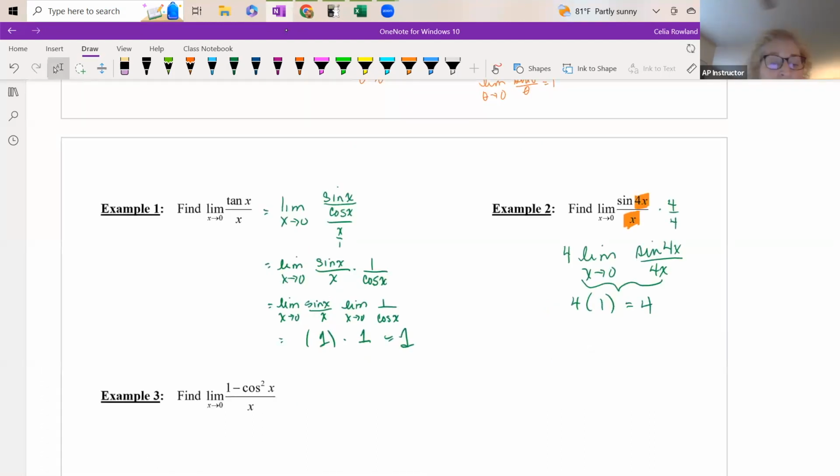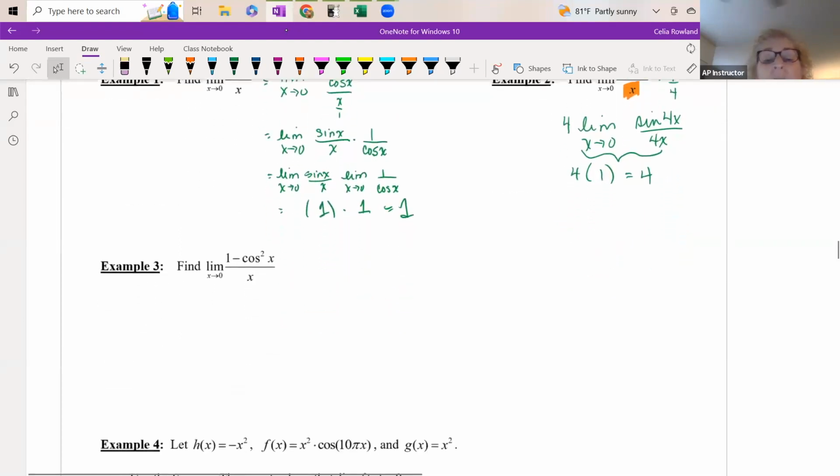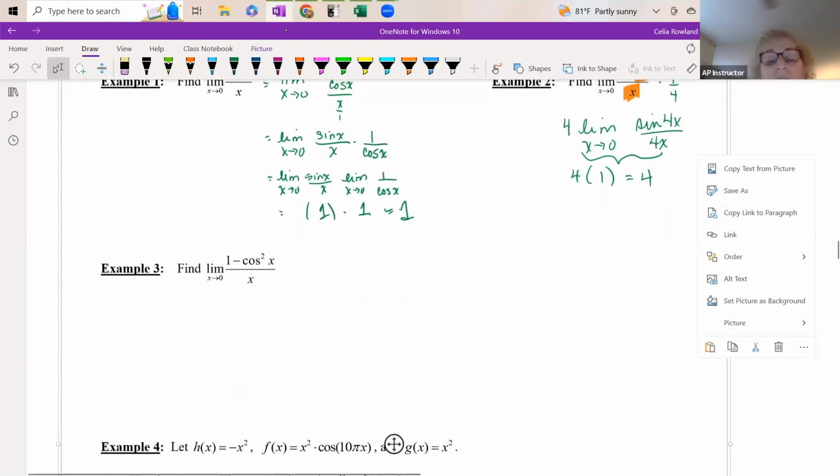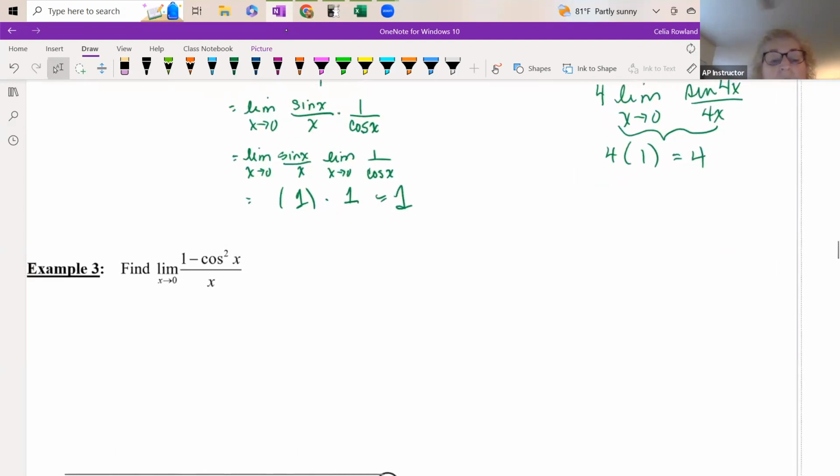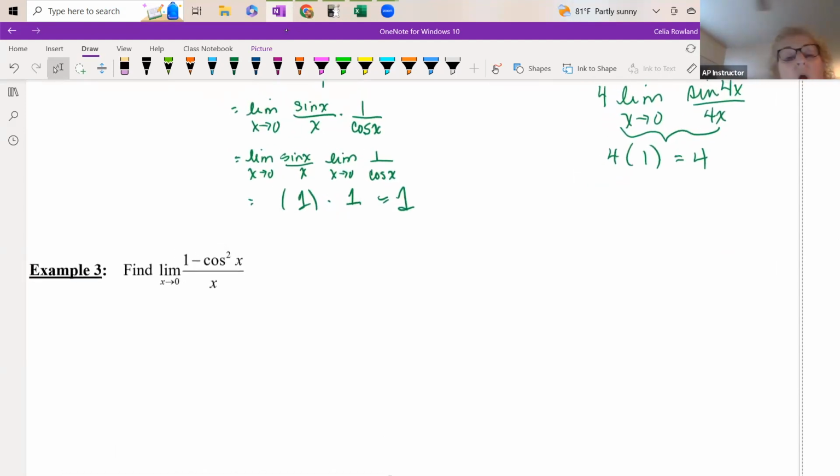Now, in example 3, there's a couple of different ways I can do this. I actually really like the problems with 1 minus cosine squared. The easier thing to do is to replace that with sine squared, because we know that Pythagorean identity, sine squared x plus cosine squared x is equal to 1. So we know that sine squared is 1 minus cosine squared.